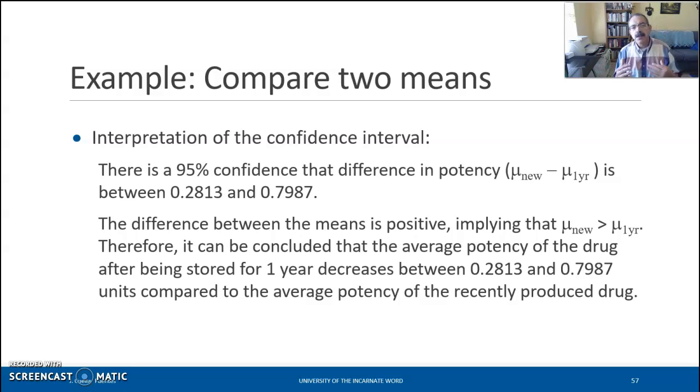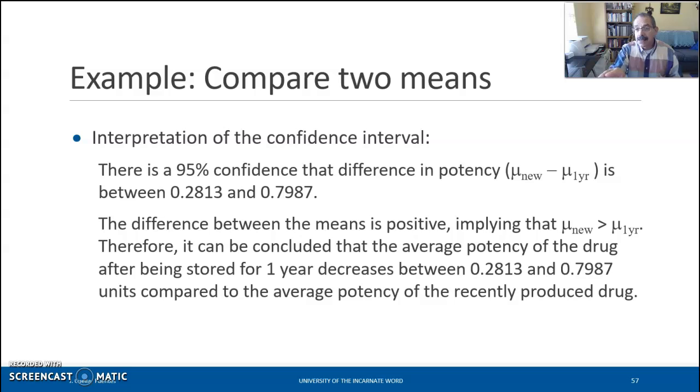So we say there is a 95% confidence that the difference in potency, mu of the new drug minus the mean of the drug after 1 year of storage, is between 0.2813 and 0.7987. Well, that means, you notice those two numbers are positive.